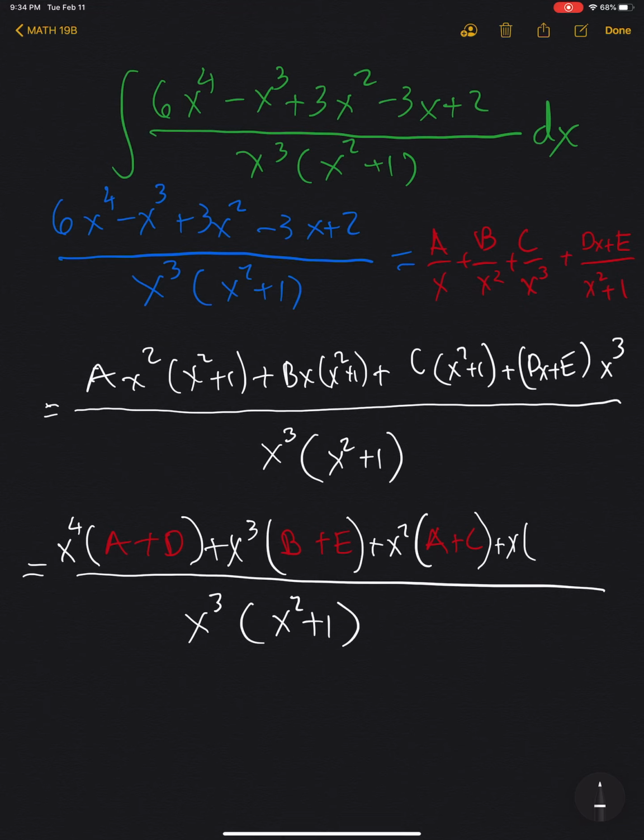I'm almost done. I'm looking for x terms. Notice that the first term doesn't have any x's. For the second one, I do have an x coming from b and from the 1.